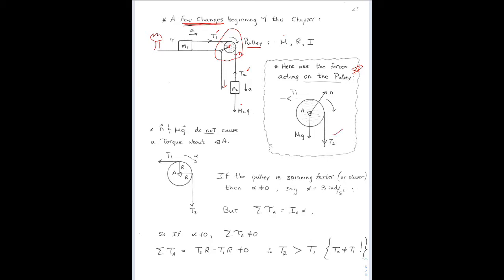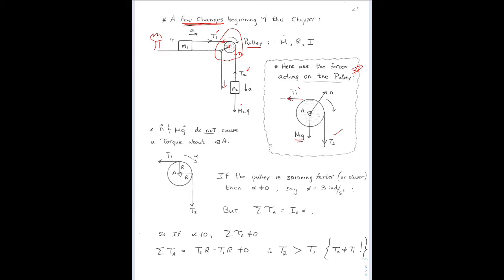Careful, that one acts on mass M2, but I'm drawing the forces that act on the pulley. That one points down. Tension 1 up here acts to the left. Tension 1 is trying to prevent the pulley from rotating. Now there's the weight of the pulley.